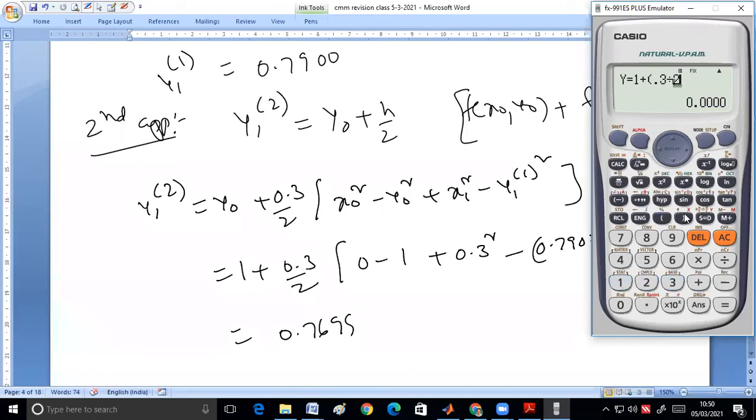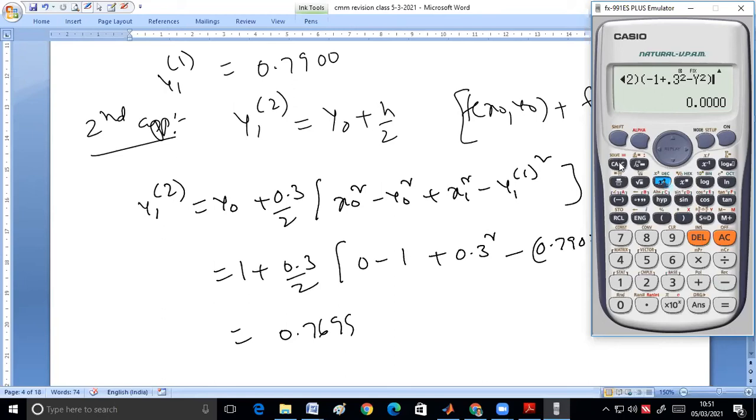Now x naught is also fixed, no need to write, then minus 1 plus x1 is also fixed, 0.3 square, minus alpha y square. Just only one change here, y only, repeatedly we are substituting.